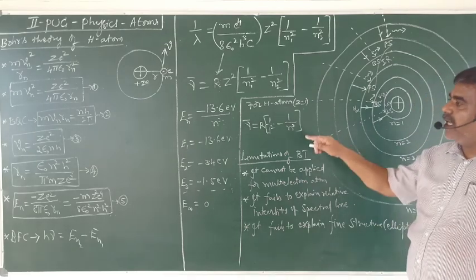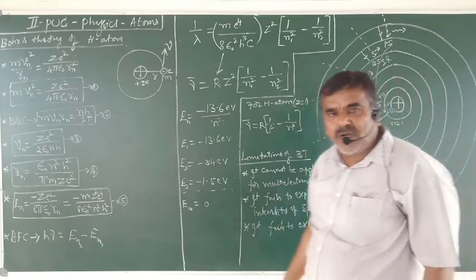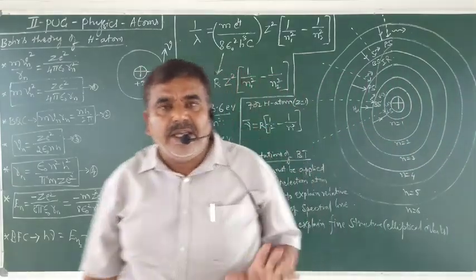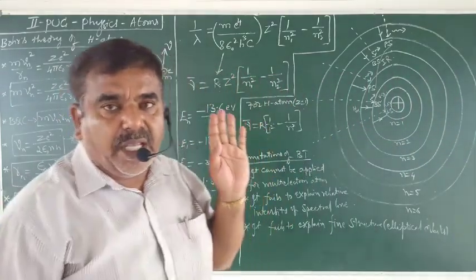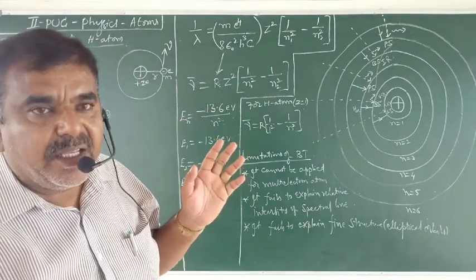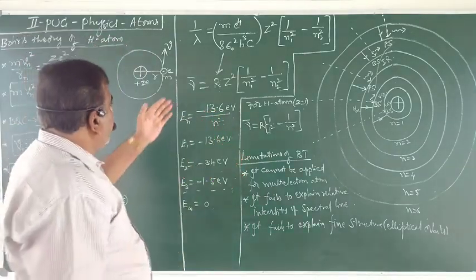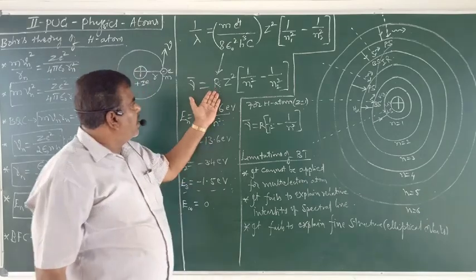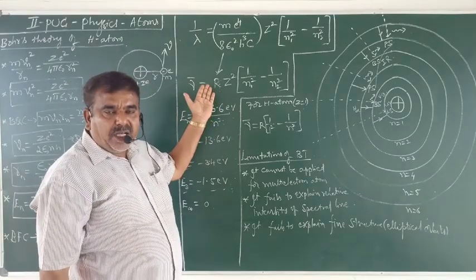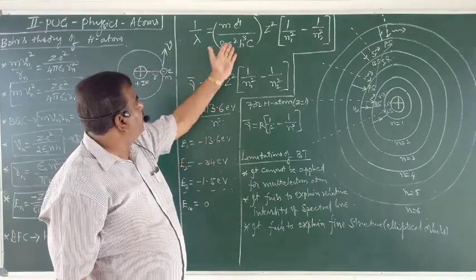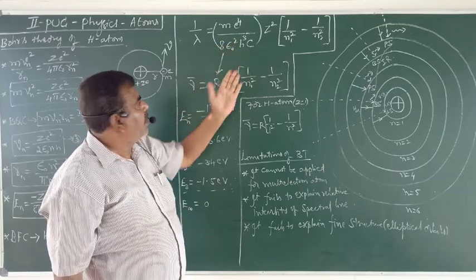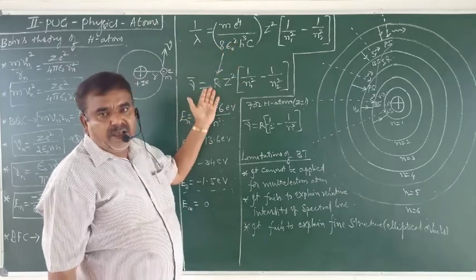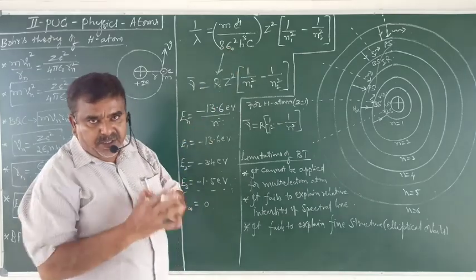So what I explained so far are all the merits of Bohr's theory. The empirical formula for the Rydberg constant and the formula given by Bohr's theory have excellent agreement.